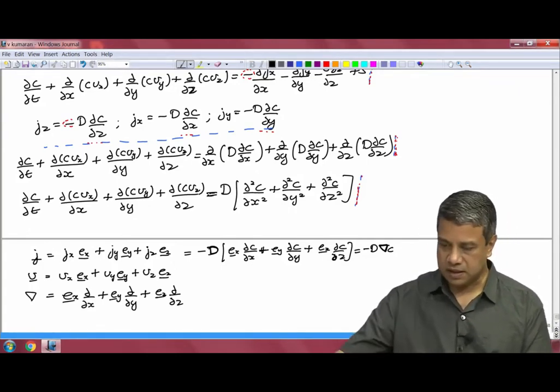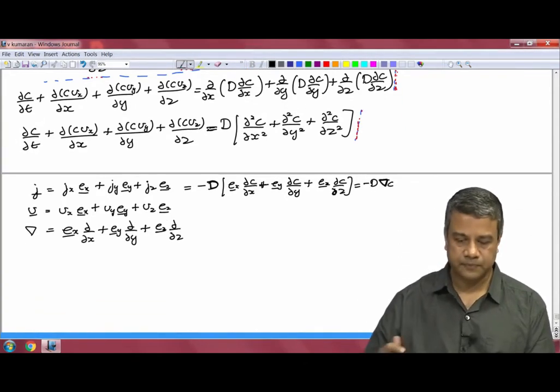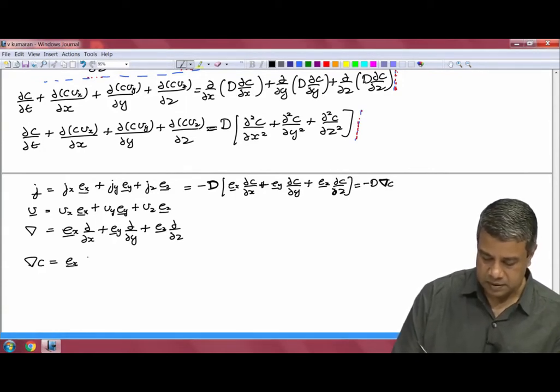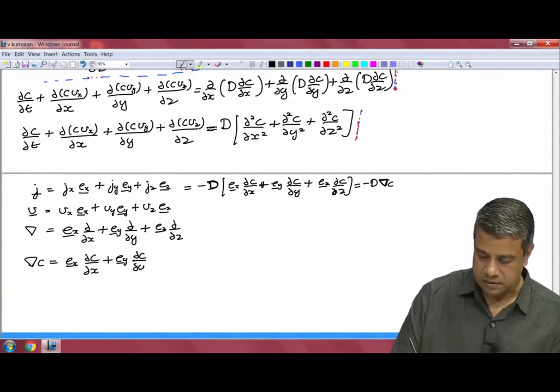So, this is the gradient of the concentration field. For example, if I write the gradient of the concentration field, this would be Ex partial C by partial x plus Ey partial C by partial y.